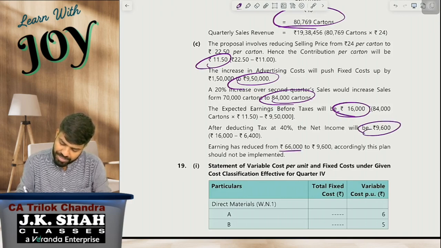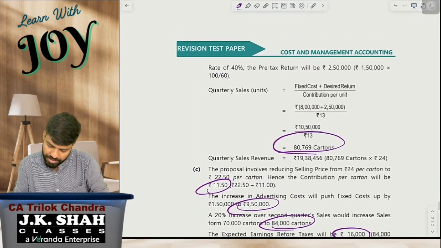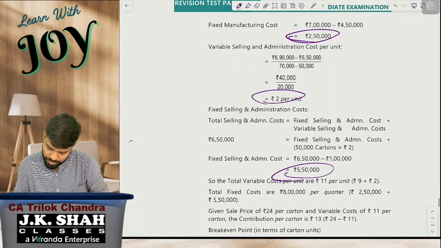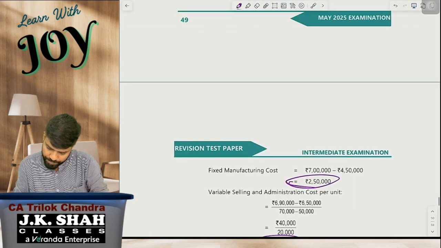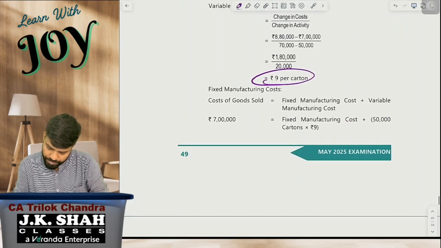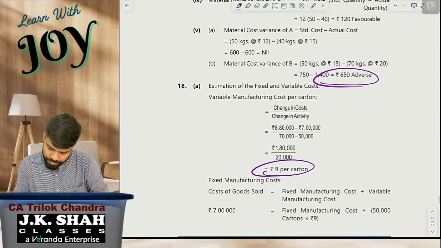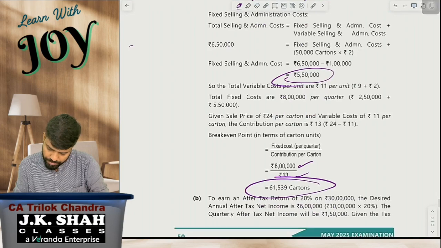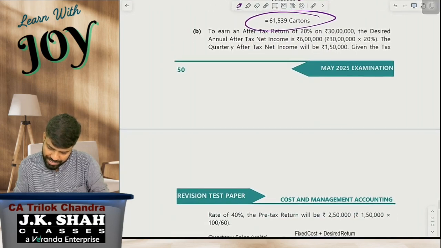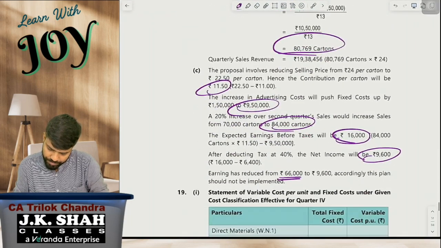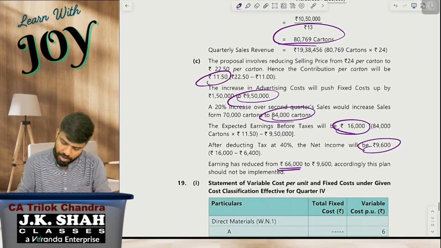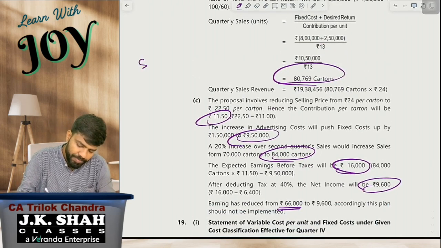Earnings reduced from 66,000. Okay, let us calculate that. How to get 66,000?